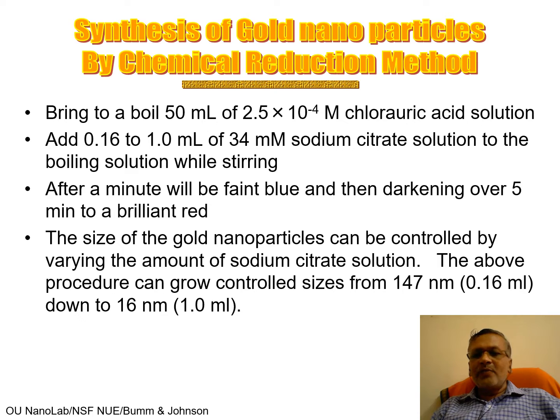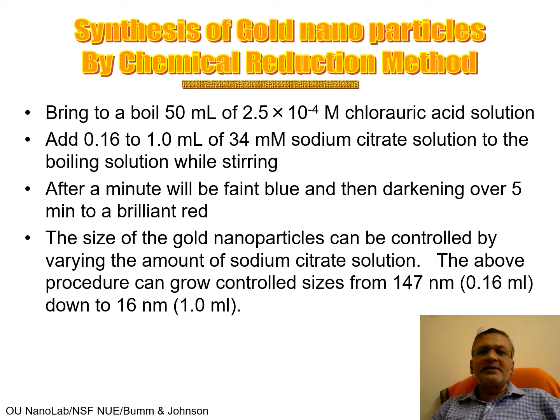In some laboratories they use sodium borohydride as a reducing and capping agent also. And magnetic stirrers for continuous stirring, with a hot plate. These are the instruments required for our chemical reduction method.